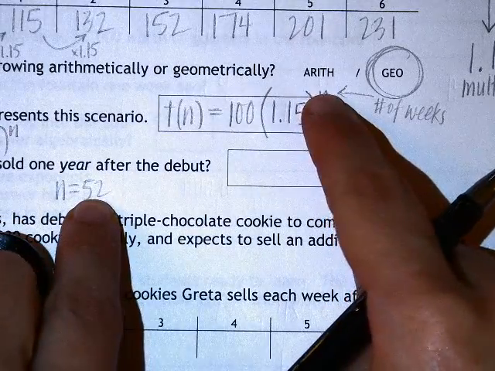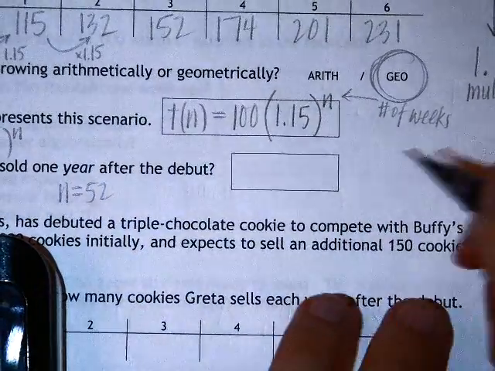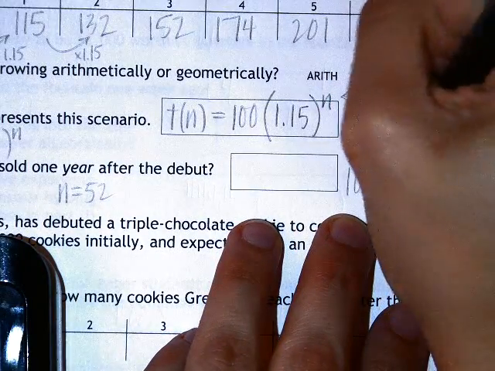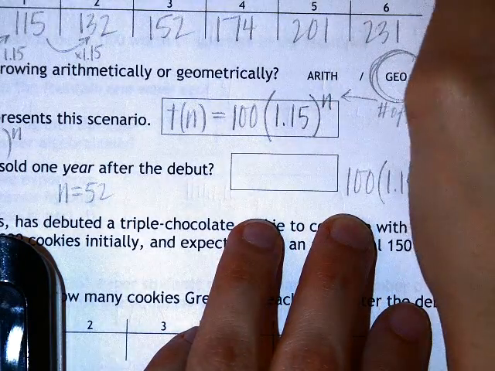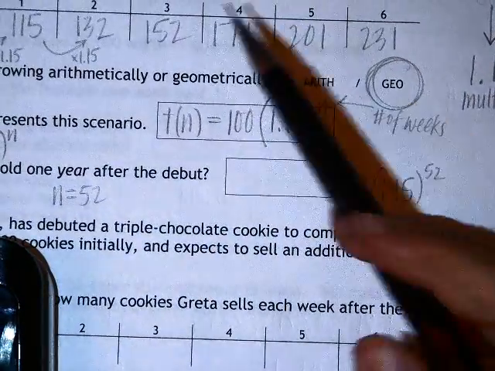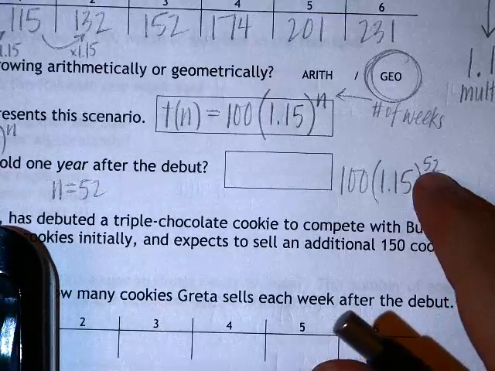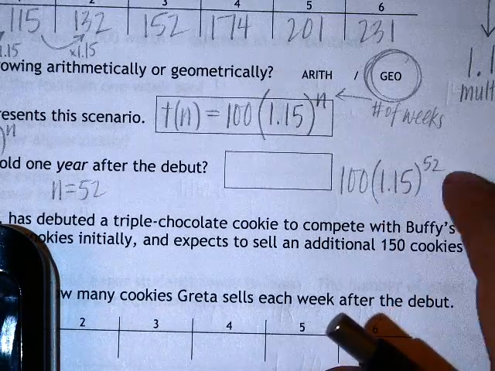If the equation has a spot where the letter n is, I can just plug 52 into the equation where that n is, and I could make the equation do this for me. Instead of me multiplying myself 52 times, that's what the equation's doing. This is saying, hey, multiply 1.15 52 times.